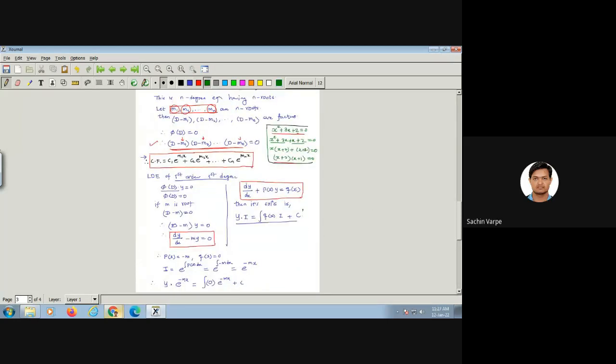Yes. Just like this is an arbitrary constant, these C1, C2, Cn are also arbitrary constants. And one more thing: as many roots as you have, that many arbitrary constants will appear in the complementary function. Not more, not fewer. That is one way to cross verify whether we are writing our complementary function correctly or not. Clear?